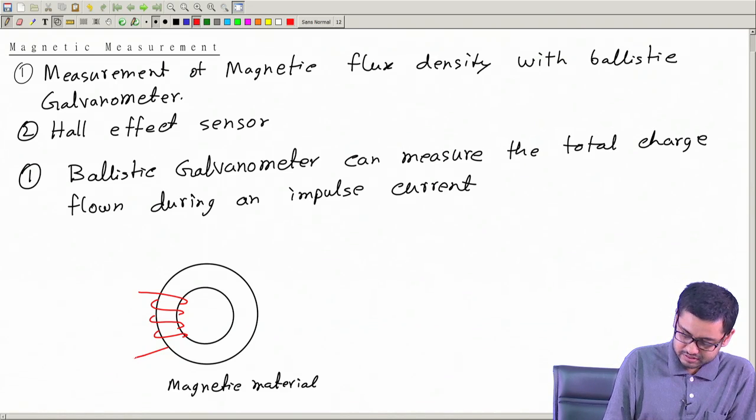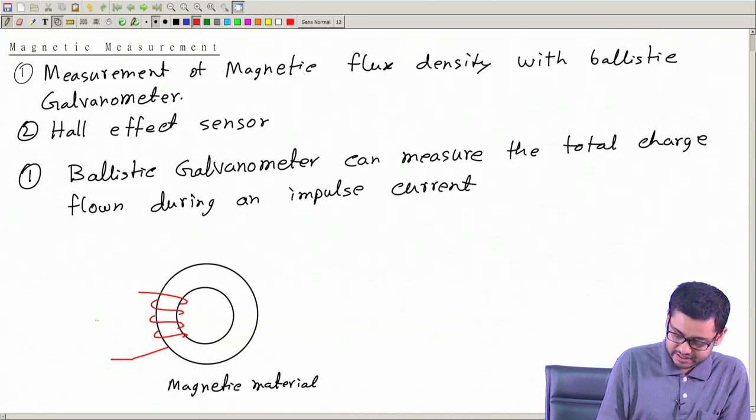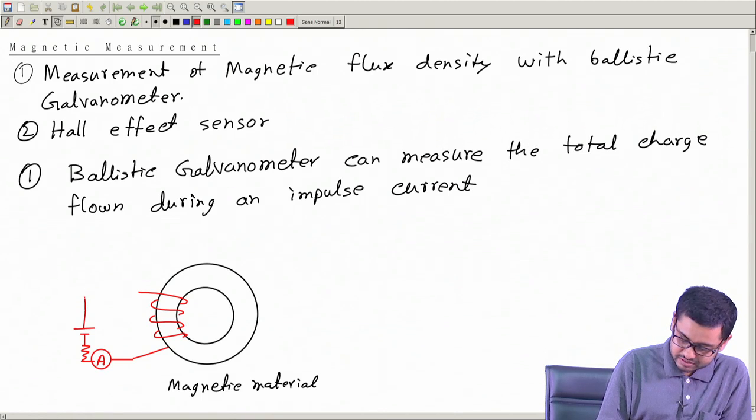And then we can do many different things. One possibility is to take a battery, connect an ammeter, and take a switch. The switch is normally closed, NC.